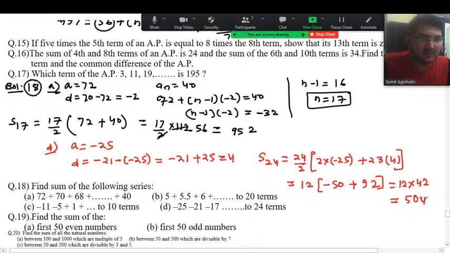Is it 504 you got? In this way you can solve questions based on the sum approach as well.